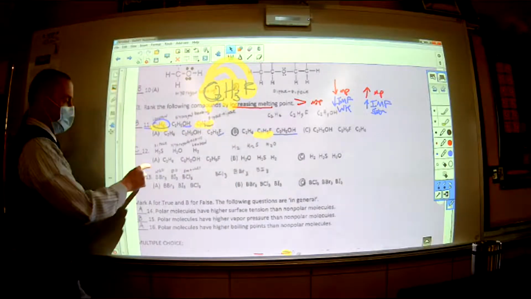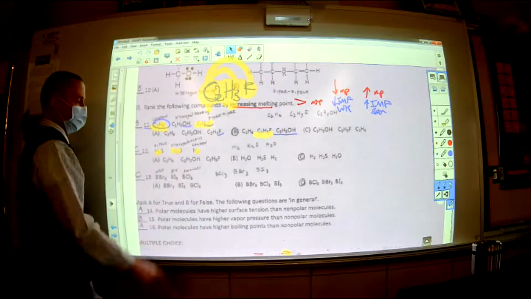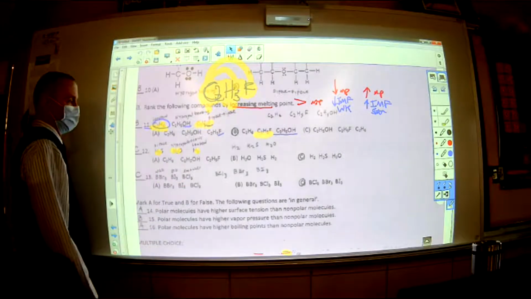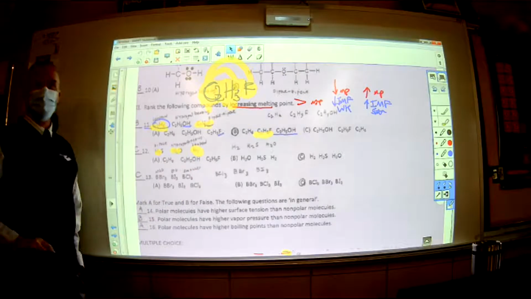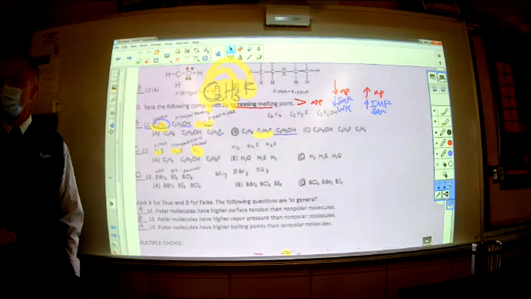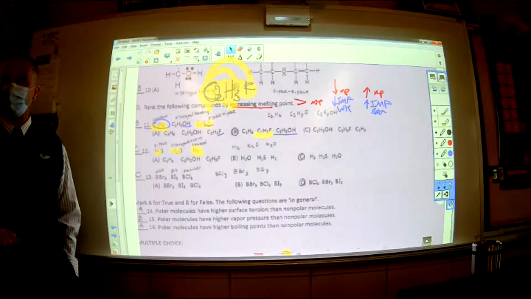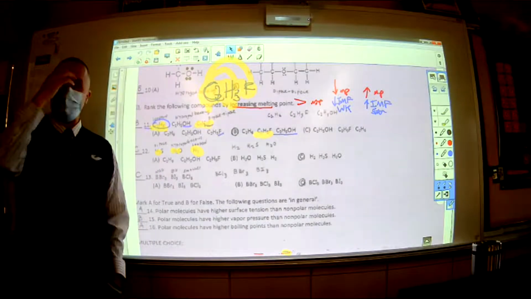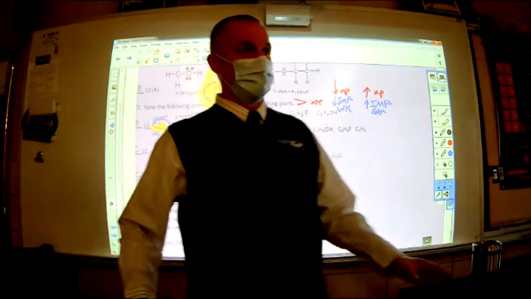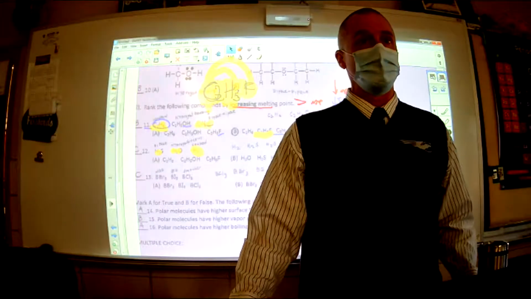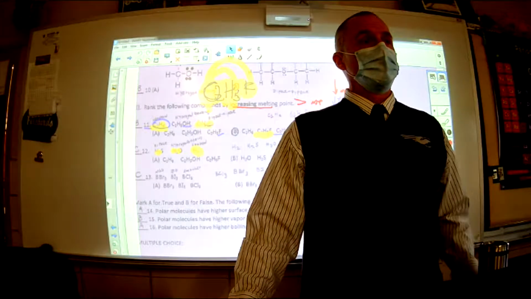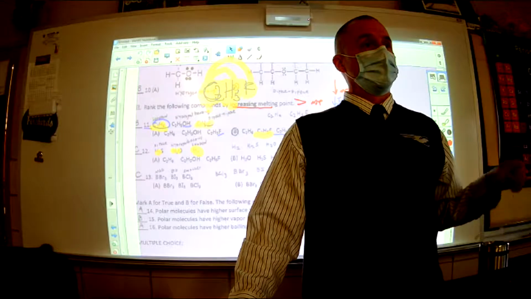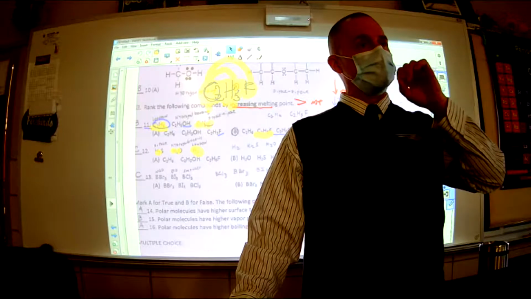Look at these molecules, H2S, H2O, H2. H2 is only London. That is the weakest London. Can you look at H2 and know it's London? It's very weak. Can anybody explain how you know hydrogen is London, H2? How do you know there's no dipole on it? Well, hydrogen's not a noble gas technically.